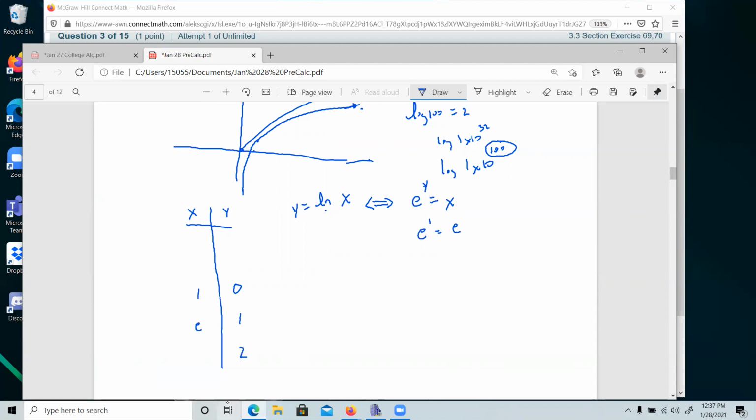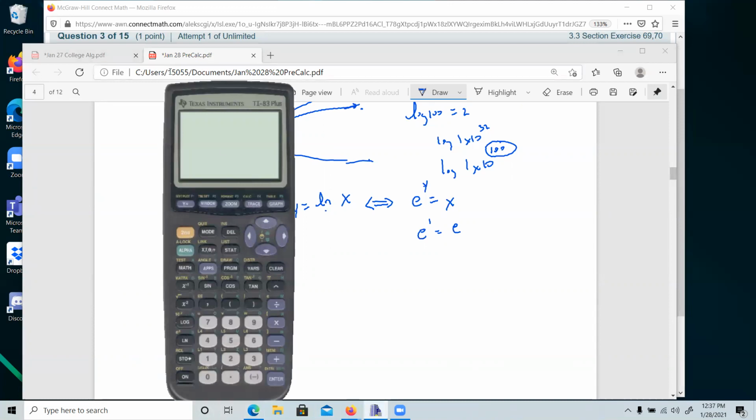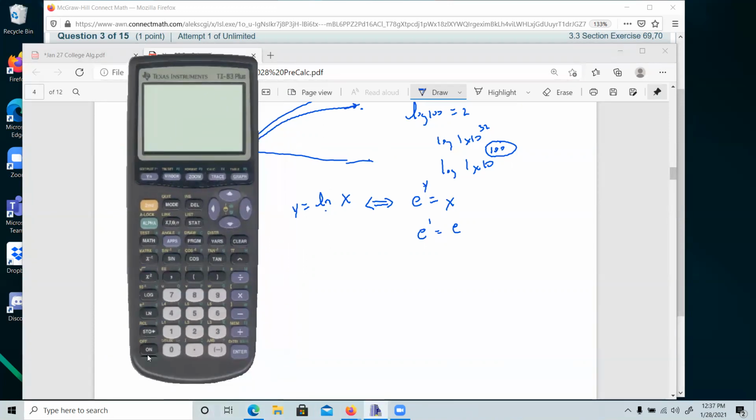For 2, we have e squared. Nobody should ever ask you what e squared is, but if they do, here's how you do that. Second function, ln, brings up a little e. You can put any number you want in there. You can put 1, and it is 2.718281828.